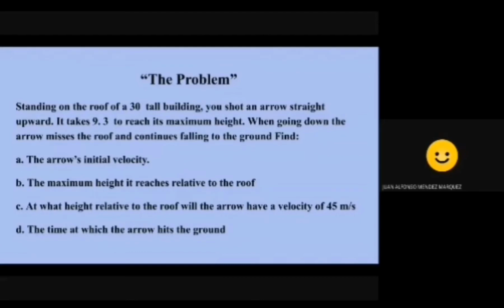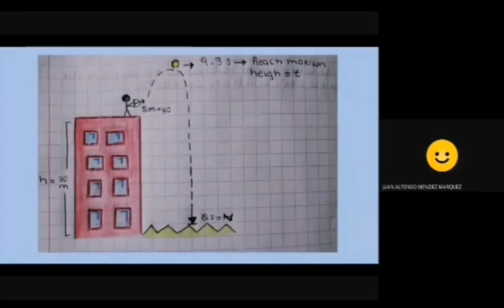In other words, basically the problem is a person who is on a building of 30 meters height and throws an arrow and it descends, so it's related to the theme of free falling. If we put a Cartesian plane where the boy is, he is the point 0, 0, and his falling displacement is measured by the component y.